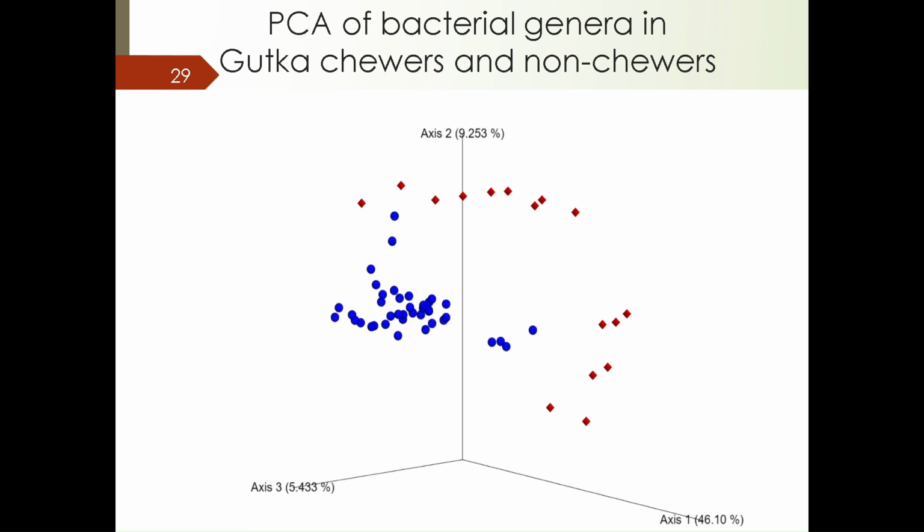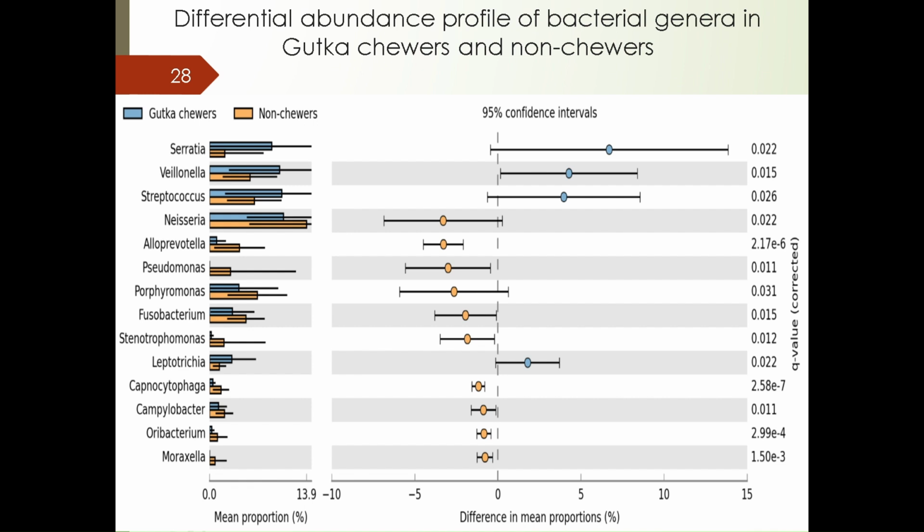Their bacterial communities are different compared to non-chewers. And we have seen that in gutka chewers, Serratia, Veillonella, and Streptococcus genera are more abundant compared to non-chewers.